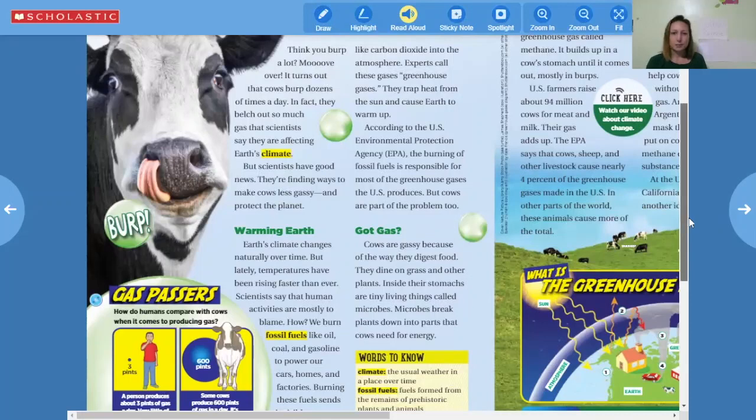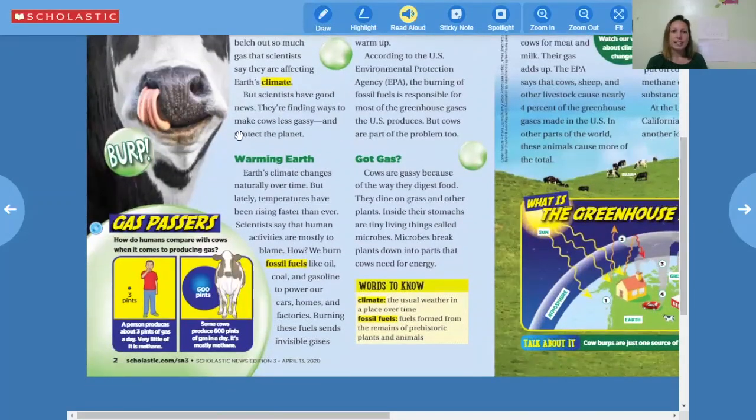So let's keep reading. Here is our heading, the warming Earth. This is going to tell us we're reading about how the Earth is warming. Earth's climate changes naturally over time, but lately temperatures have been rising faster than ever. Scientists say that human activities are mostly to blame. How?